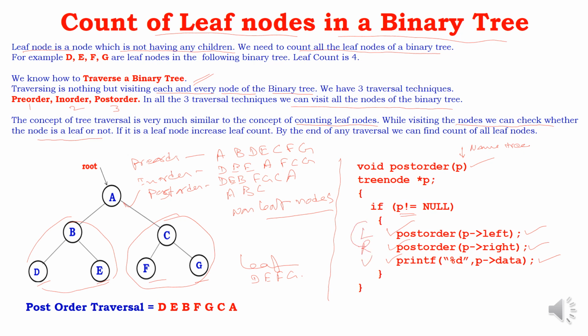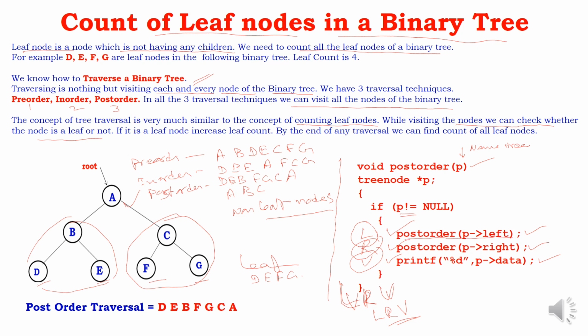To traverse a non-empty binary tree, we perform three things. First, traverse the left subtree in post-order, then traverse the right subtree in post-order, then visit the root node: L R V. Traversing the left subtree in post-order means we are calling the same function, postorder(P left).